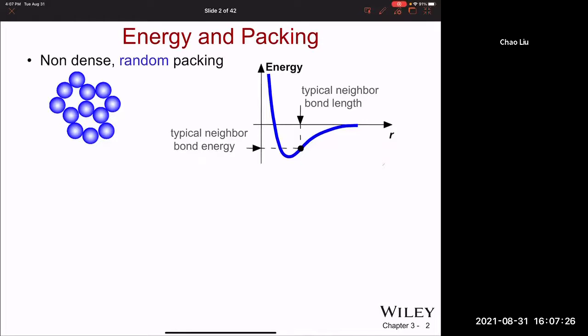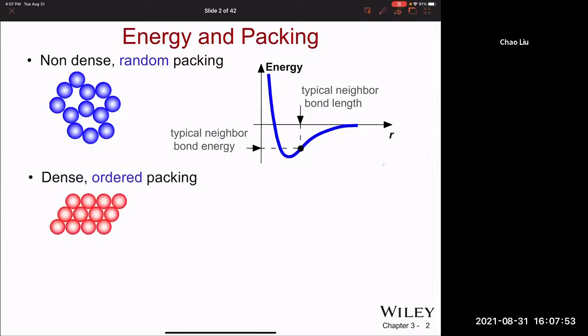In the previous chapter, we looked at the energy of the atom, and the energy is at a minimum when they are most close packed, which means they have the most stable arrangement. That is the lowest energy. If they are not at a stable energy, then most likely the energy will increase. So the dense ordered packing is the stable one.